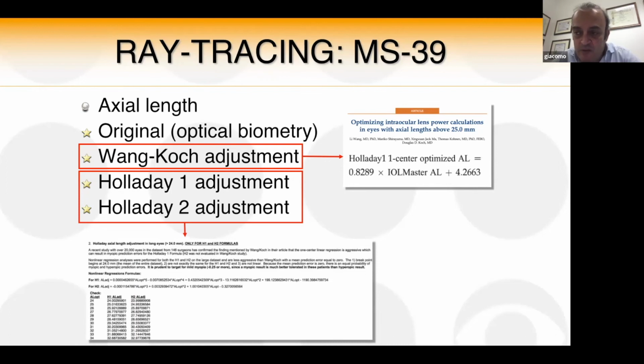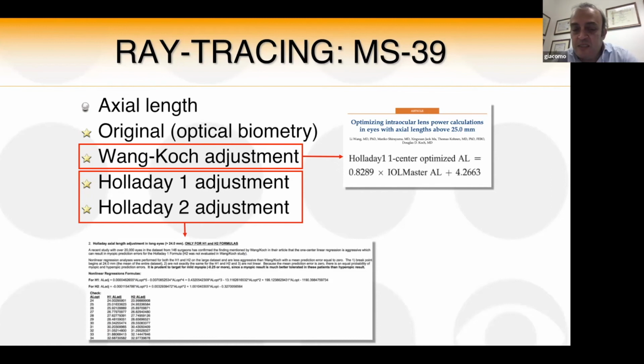Probably in 10 minutes this could be done, but they are available in the Holladay software, which I bought some years ago, and I renew my subscription just for having this value. For example, you see in this table at the bottom that the 34 millimeter axial length is reduced to 32.6 with the Holladay 1 and to 32.9 with the Holladay 2 adjustment.